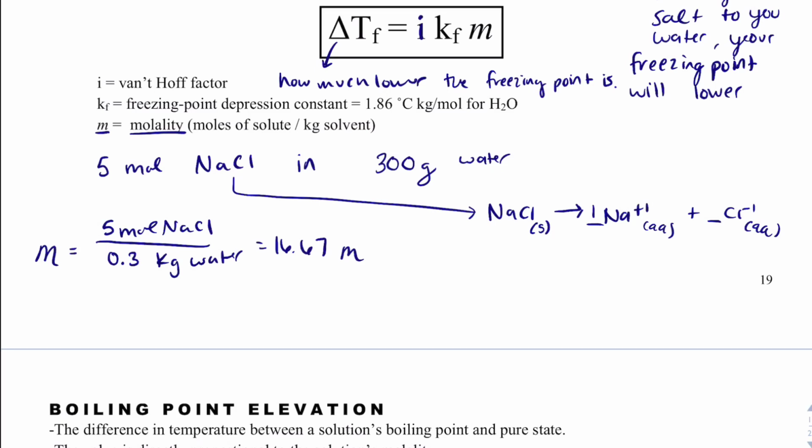We add up the coefficients, 1 and 1, so this Van't Hoff factor would be 2. Just for argument's sake and as a good review, let's say we had calcium chloride. Calcium chloride is CaCl2. We get Ca2+ plus 2 chlorides. We add the coefficients 1 and 2, and we get 3 as our Van't Hoff factor.